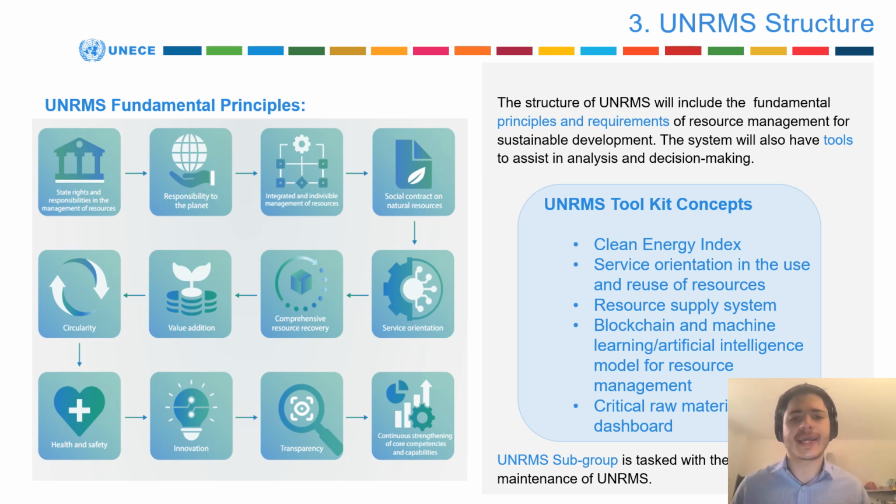This includes tools like a clean energy index that promotes the transition to low carbon solutions, service orientation in resource use, ensuring that efficiency and circularity are adopted, a resource supply system, enhancing security and accessibility, and a blockchain and artificial intelligence model, bringing innovation to resource tracking, monitoring, and management. A critical raw materials dashboard is also one of the tools promoted by UNRMS that provides real-time data to support policy and industry decisions.